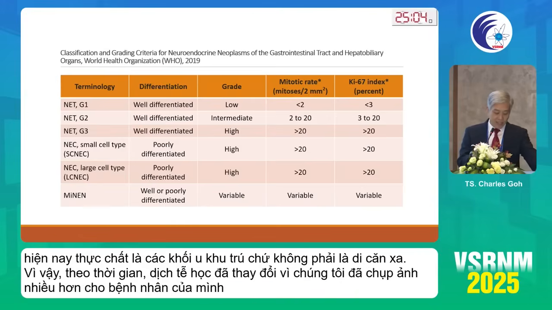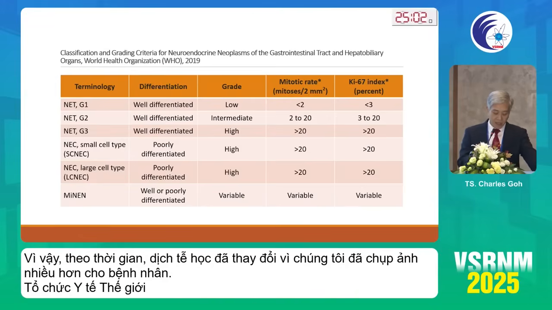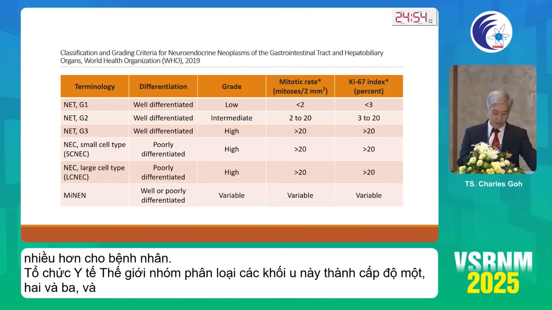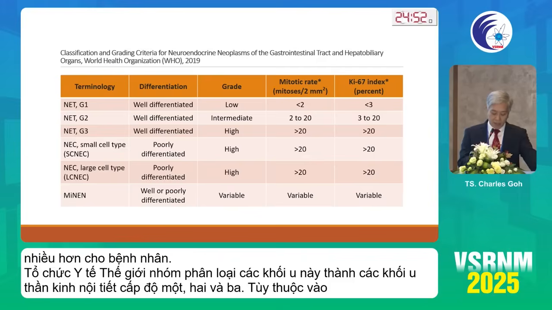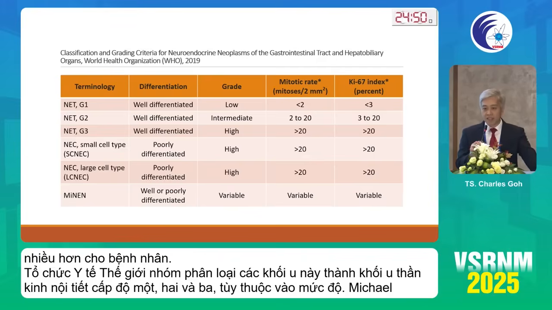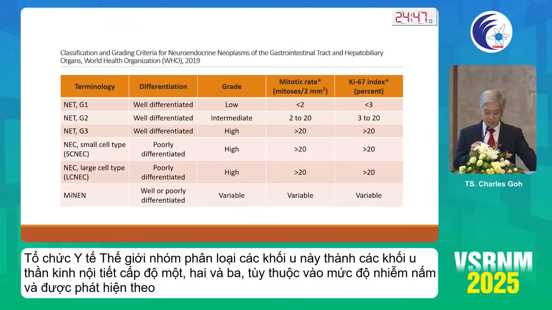The World Health Organization groups the classification of these neoplasms into grade 1, 2, and 3 neuroendocrine tumors, depending on the degree of mitosis and reflected in terms of the Ki-67 index.